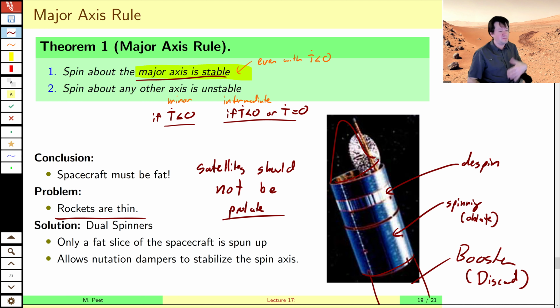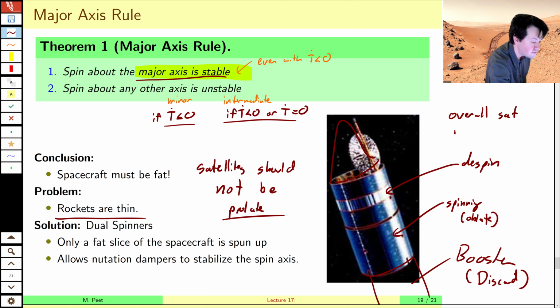So spin an oblate part of the spacecraft, but your overall spacecraft can be prolate. So the overall satellite is prolate, but the spinning part is oblate.